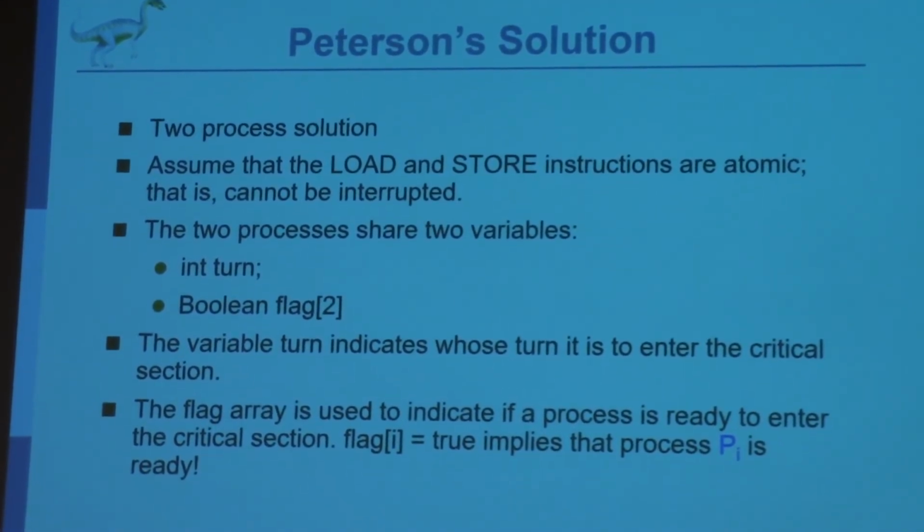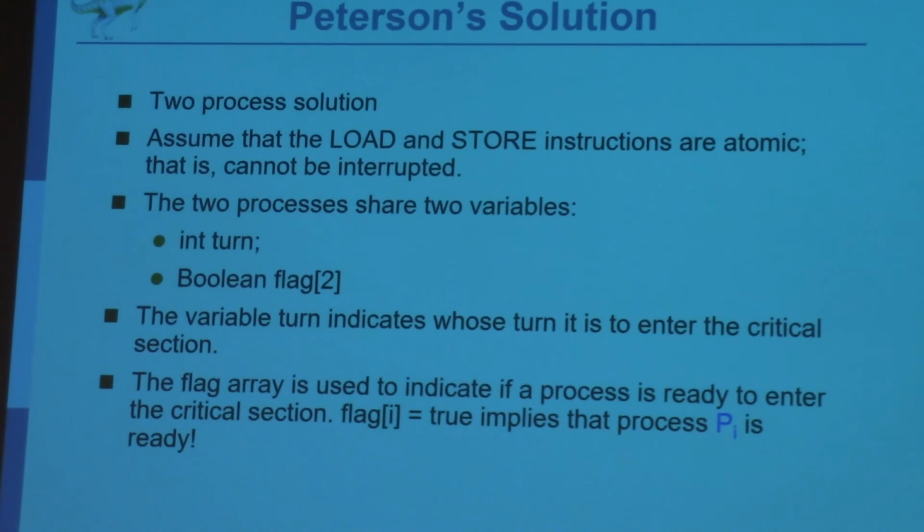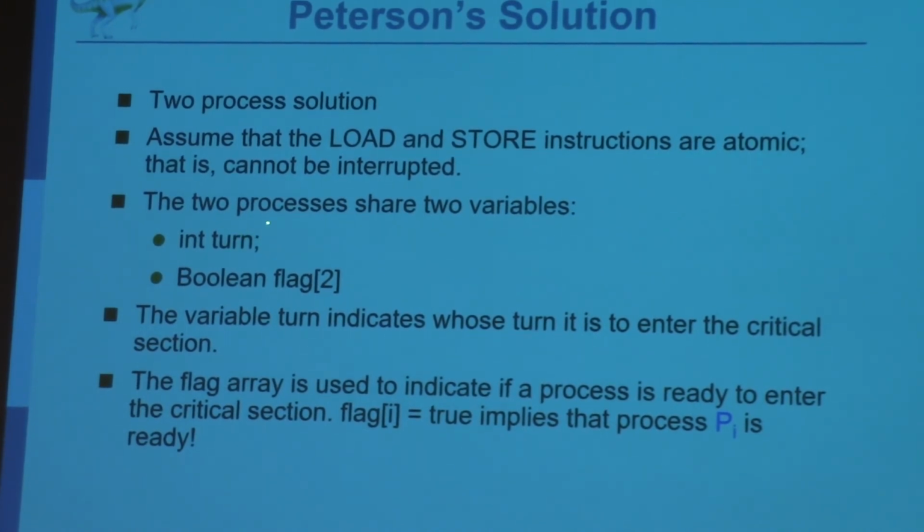In other words, the turn plus the flag together. That is the Peterson solution. So we are going to use two variables. Turn is the key and the flag is the status. It's nothing but algorithm 1 plus algorithm 2.